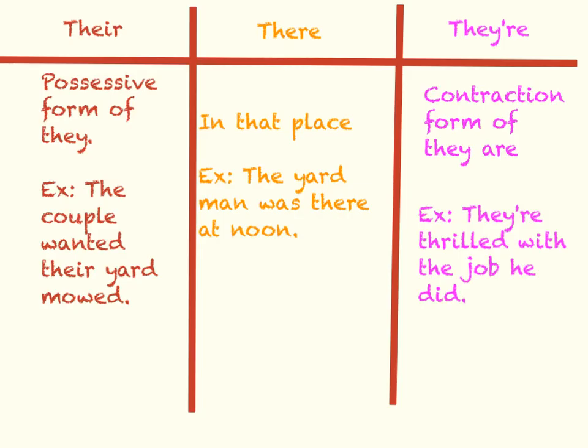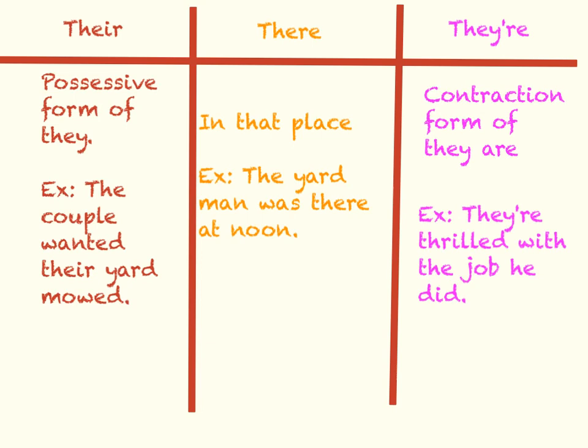Okay, here is one that Mr. Mori and I see quite frequently as commonly confused, and that would be their, there, and they're. In the red on the left-hand side, you'll see the word their, T-H-E-I-R, and that word means the possessive form of they. The example would be, the couple wanted their yard mowed. In the middle, in the orange, you'll see the word there, T-H-E-R-E, which is in that place.